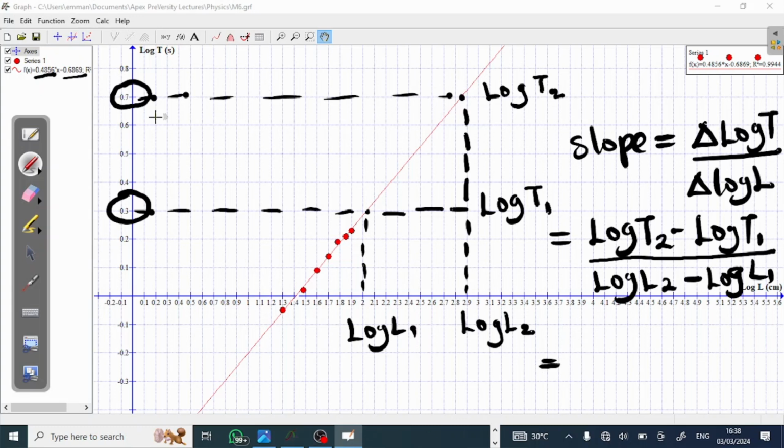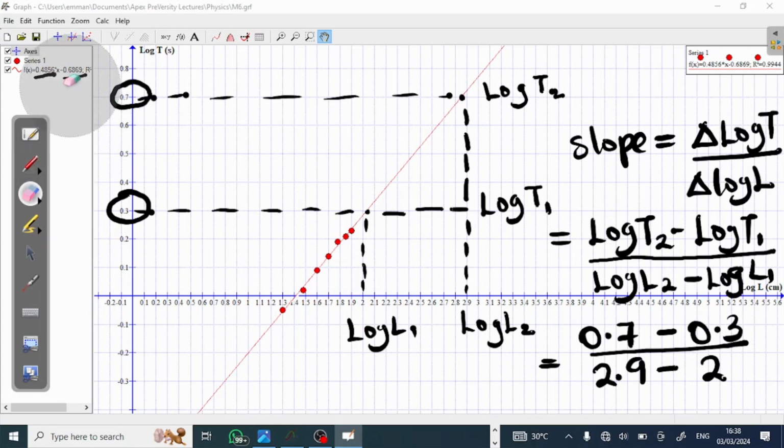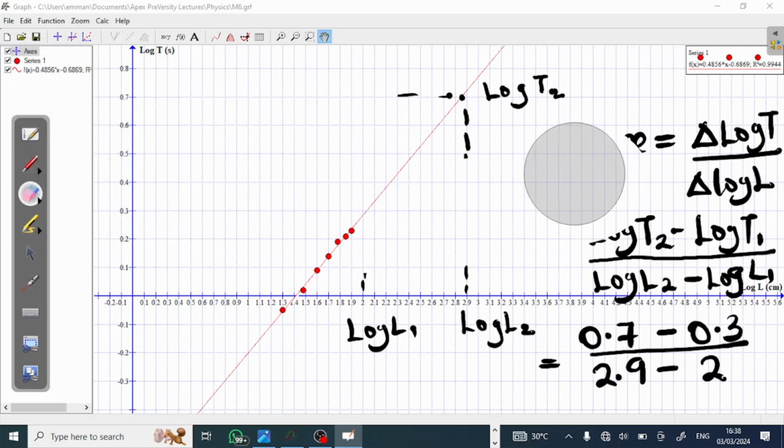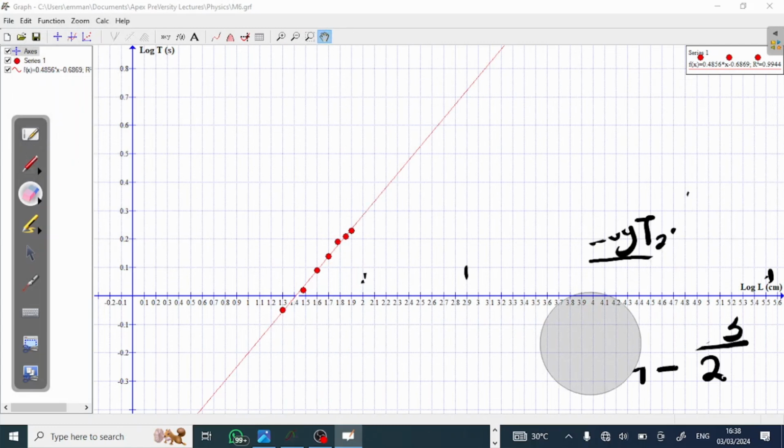Take this value here, something that looks like 0.7 minus 0.3, all over log L2, trace this downward, about 2.9 minus this one down here, that's about 2. Then you just complete the maths there. This is just a demonstration of what it looks like. I already have my value from the software.